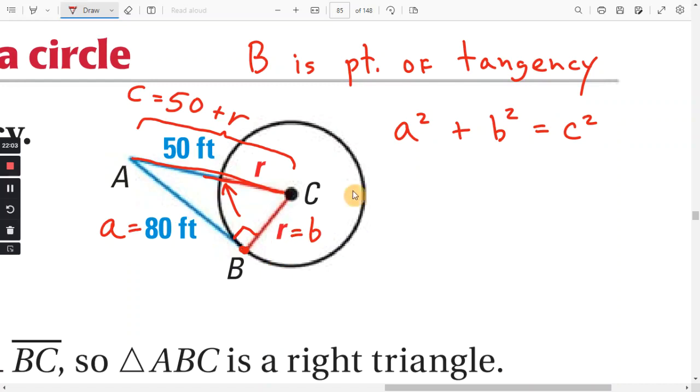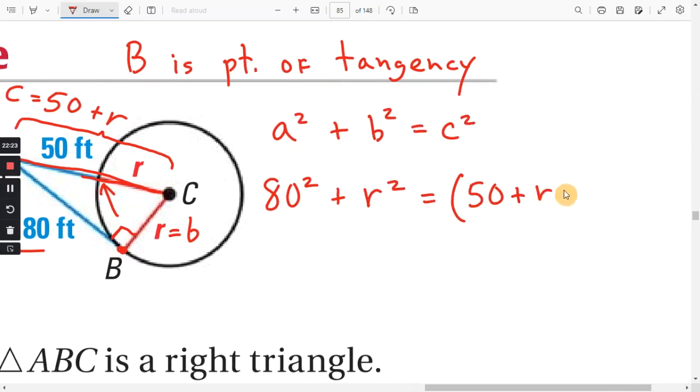Now we can plug in. A squared is going to be 80 squared. B squared is going to be R squared. And C squared is going to be 50 plus R. All right, so you need to use parentheses because C is 50 plus R, and that whole thing is squared.